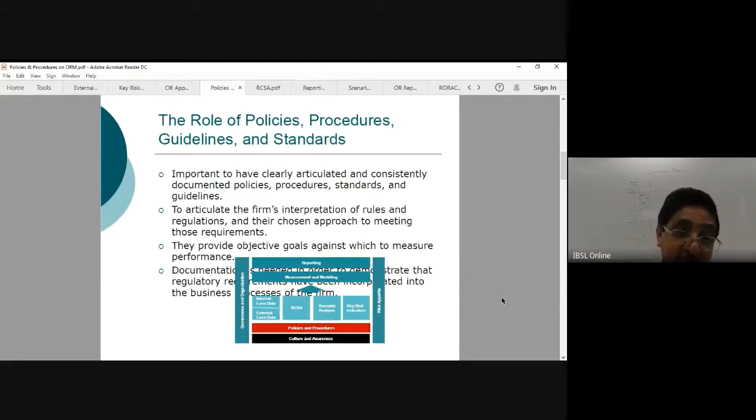So try your best to see how you can write an operational risk management policy and procedures for your organization. Though it is an exercise, you can make use of it to get a good understanding about your organizational practices.